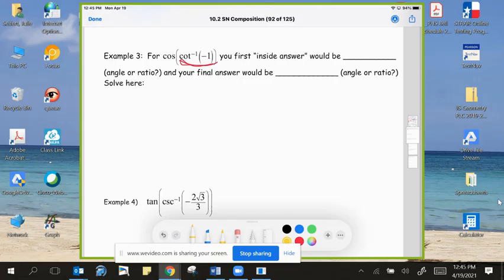So yes, it is a ratio. That means the inside answer would be an angle. Good. Then that final answer would be a ratio. Yes. Good.